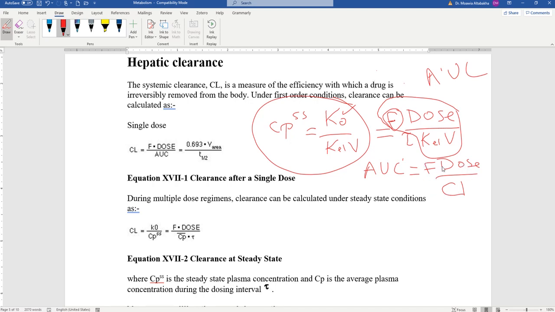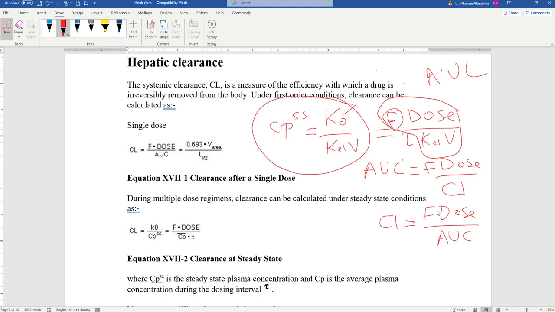Now, if I want to calculate clearance, it will be equal to, in this case, F في الدوز على ال AUC. Is that clear?